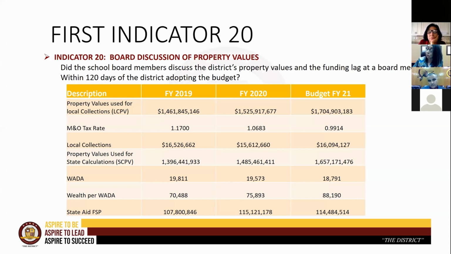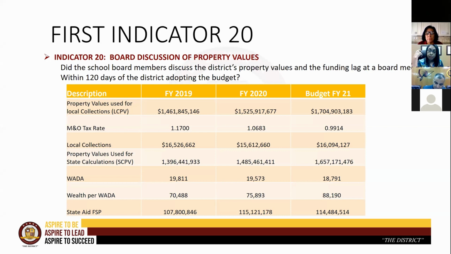The M&O tax rate you see there in fiscal year 2019 was at $1.17 for maintenance and operation. For current year, fiscal year 20, it's at almost $1.07. And the proposed year, it is showing a decrease down to 99. It is under $1. It's 99.14 cents.